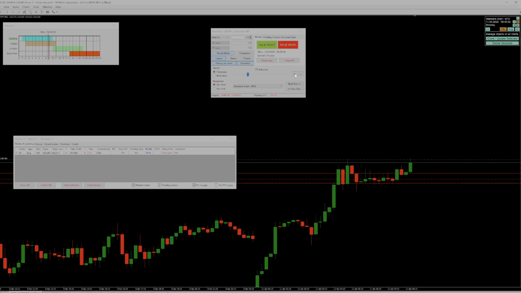If it closes bearish, then we'll cut 50%. See, this is a resistance, so it just tested it. That's what we're hoping anyways.